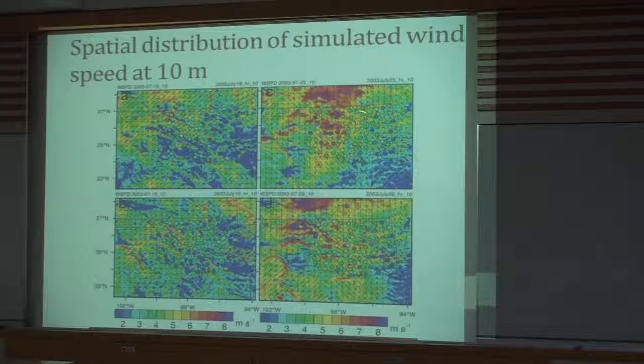The dot area is the experiment area, and the dots indicate the observation data. Here we can compare the simulation data and the observation data. It fits quite well, especially in the strong case.